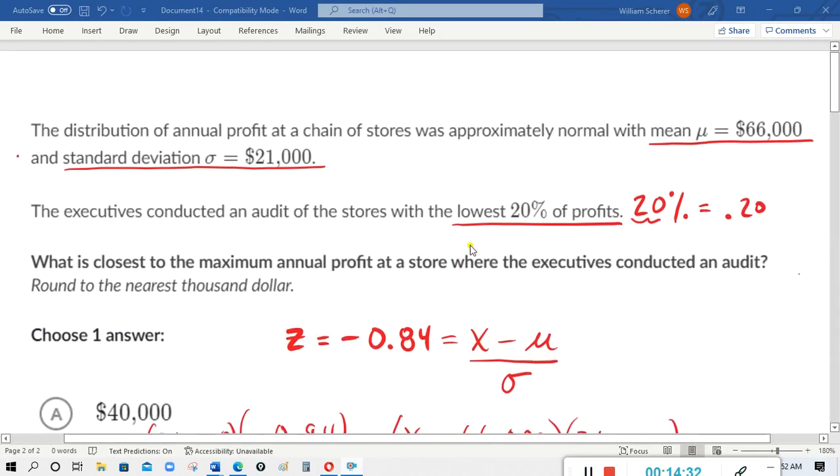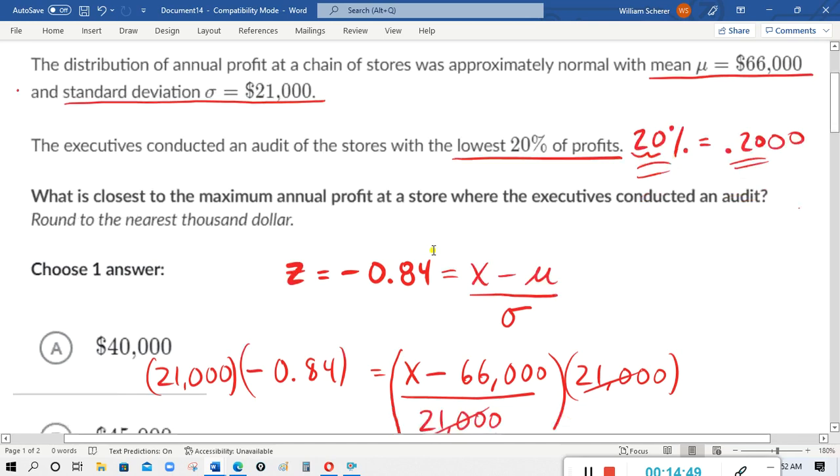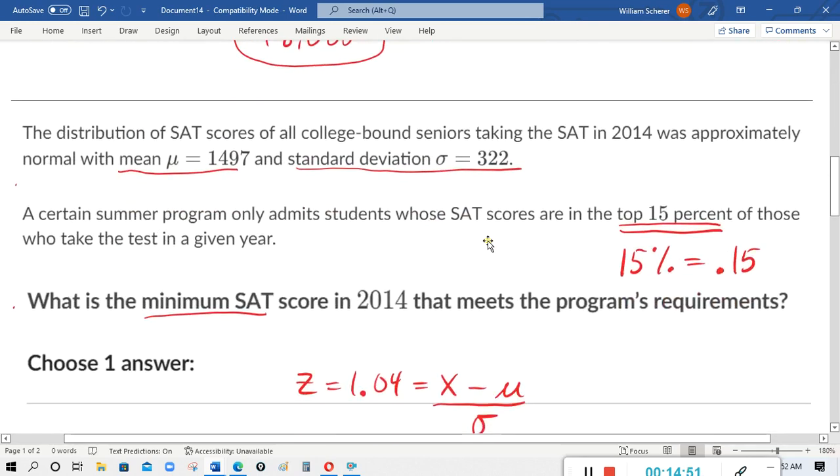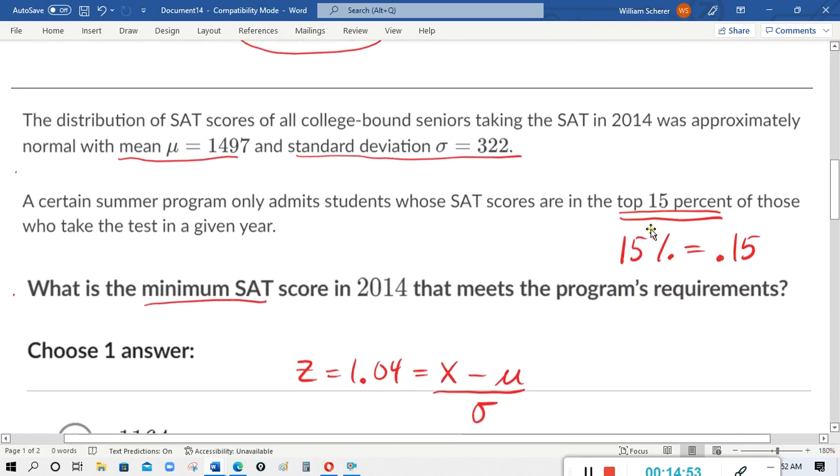So to sum it up here, if it says lowest 20%, then you just look up 20% or 0.20, really 0.200, on the table and find the z-score associated with that value. And for the second problem, it said top 15%.